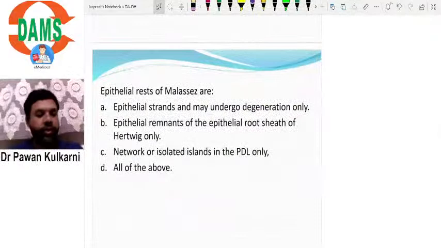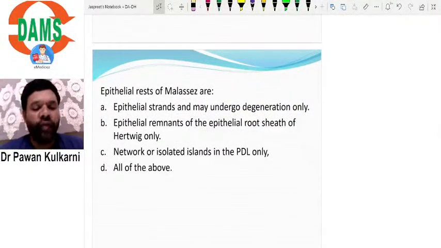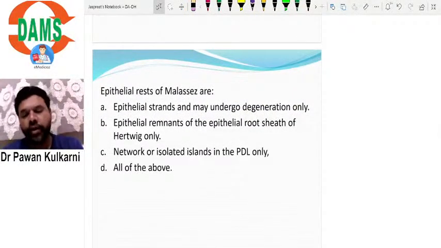Okay, let us go to the next question. Epithelial rests of Malassez are. So we know what epithelial cell rests of Malassez are. These are the remnants of HERS, which are seen in the periodontal ligament, and they might undergo disintegration.